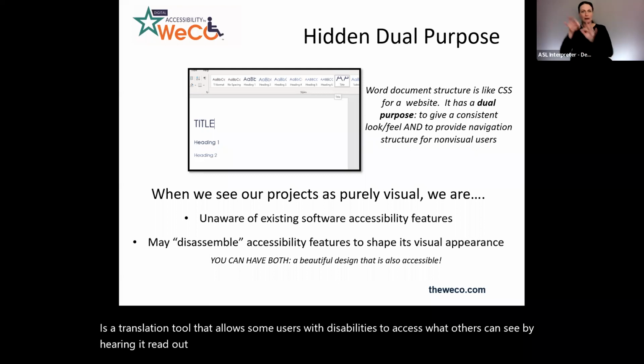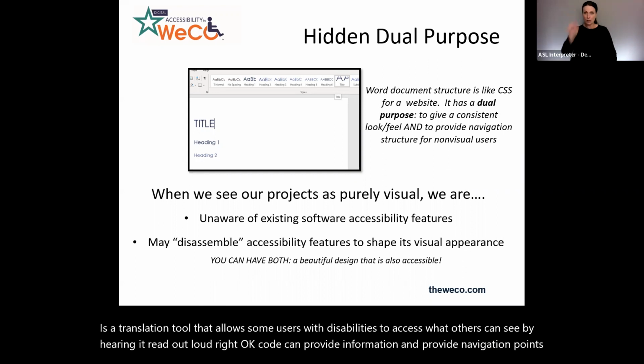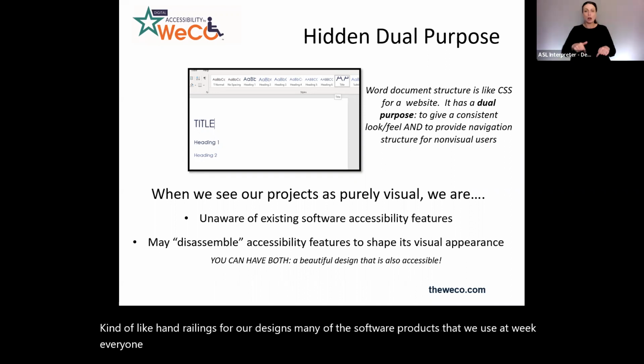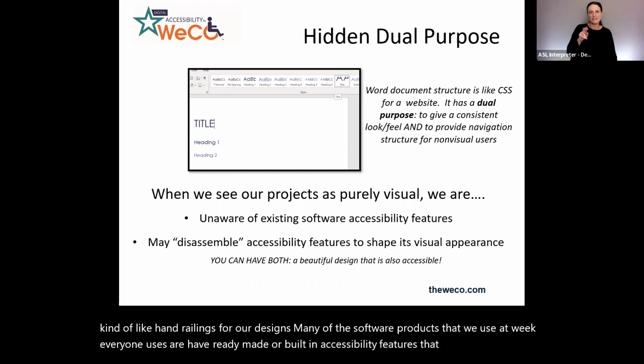Code can provide information and provide navigation points, kind of like handrails for our designs. Many of the software products that we use at WeCo, what everyone uses, have built-in accessibility features that are relied upon by people with disabilities.